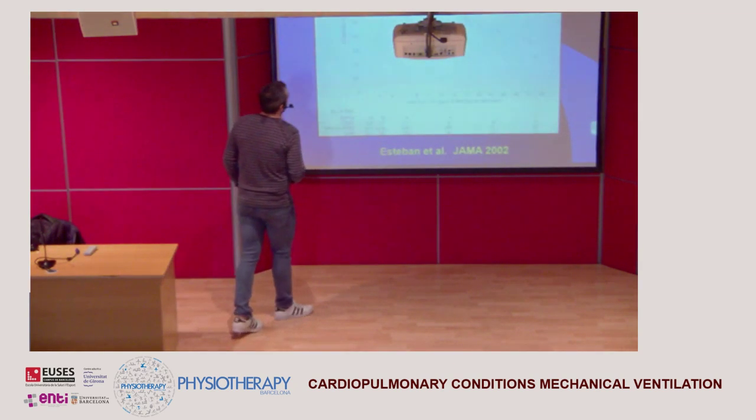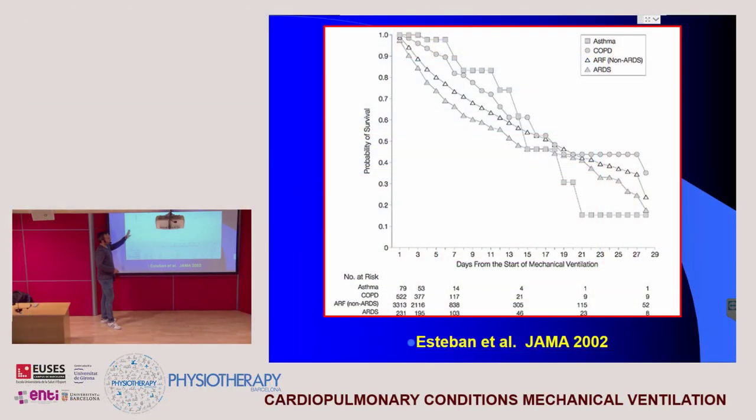On that figure, I do not know if it is clear, but in fact it shows the probability of survival in relation to the days from the start of mechanical ventilation. And in fact, it is all from respiratory diseases, but it's the same with other diseases.